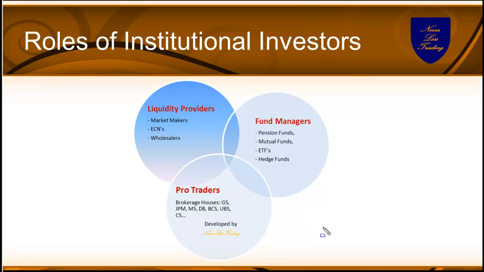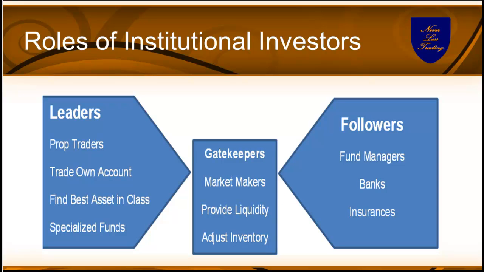So this interaction is crucial to understand, and we will translate it now into strategies where you see, okay, who are the leaders? Who are the followers and who are the gatekeepers, and what is their strategy, and how does that form a certain price pattern? Leaders, gatekeepers, and followers, those are typical roles we can categorize institutions in.